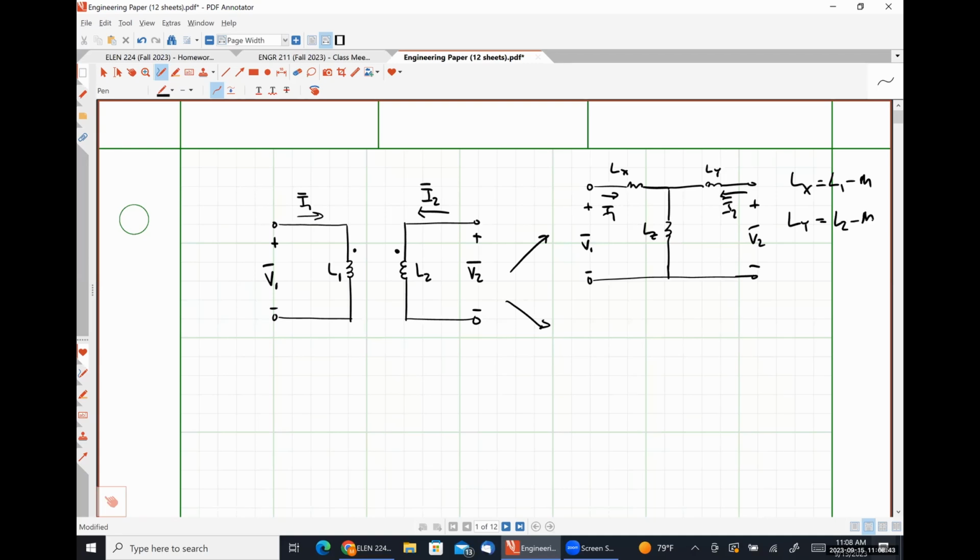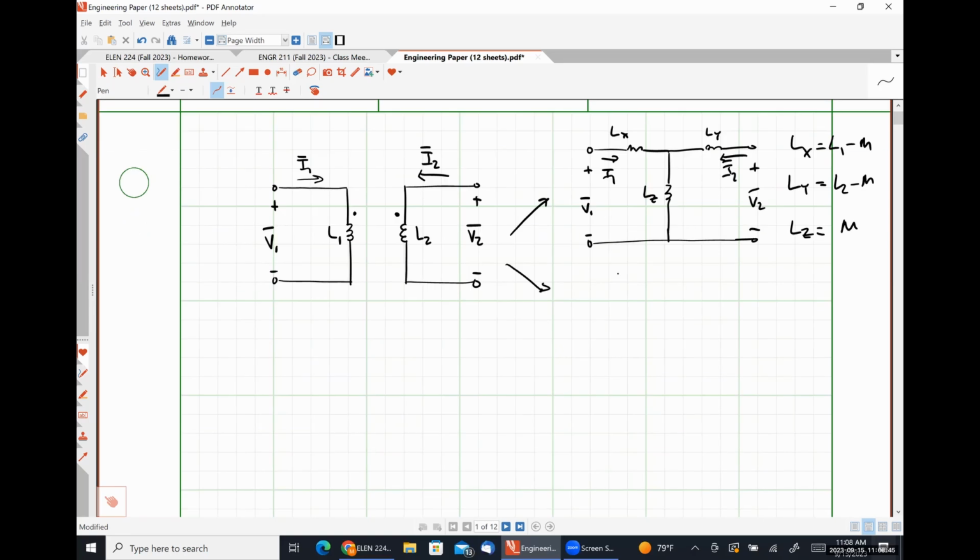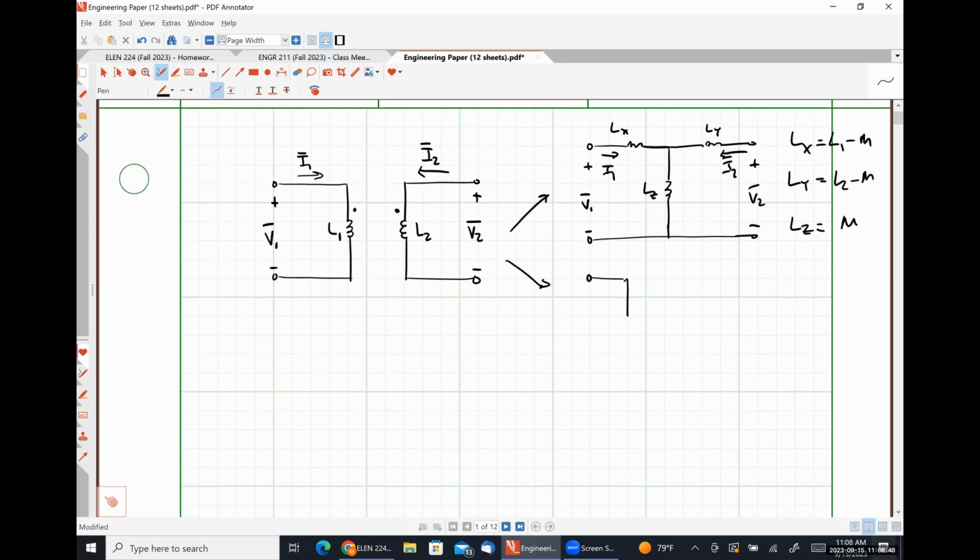Our pi equivalent circuit was going to look something like this.